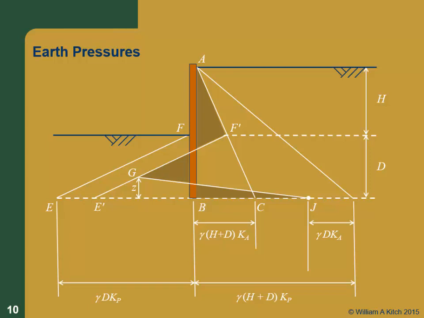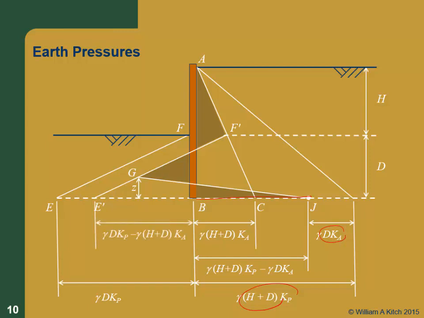So let's calculate some of these points we need to know. Well, this distance from B to J has got to be H plus D times K passive, the passive distance, right, this whole distance here, minus this distance, so it's going to be gamma times (H plus D) K passive minus gamma D K active.